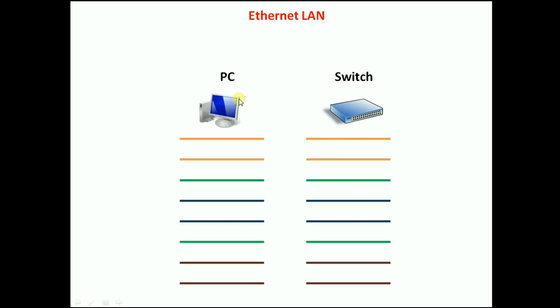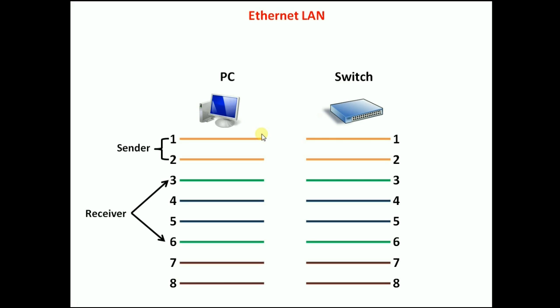Let us consider a scenario in which we want to connect a PC with switch. So first we have to understand the pin configuration for PC and for switch. In case of the PC, pins 1 and 2 represent the sender pins, pins 3 and 6 represent the receiver pins. In case of switch, pins 1 and 2 represent the receiver and pins 3 and 6 represent the sender.